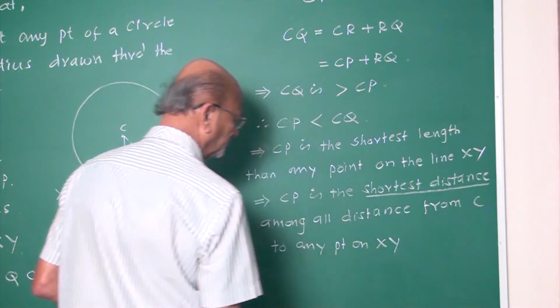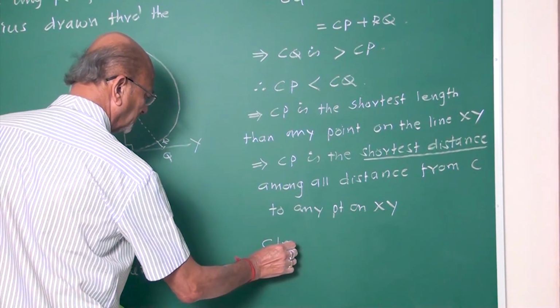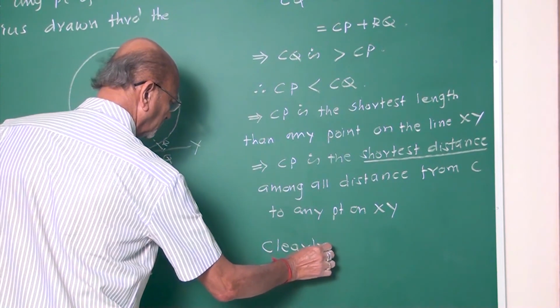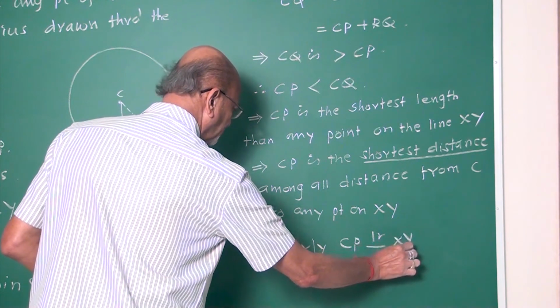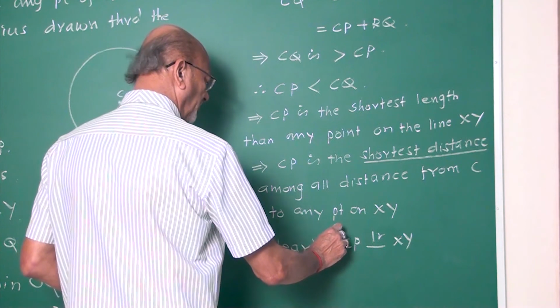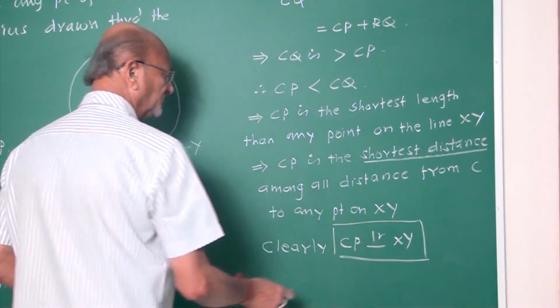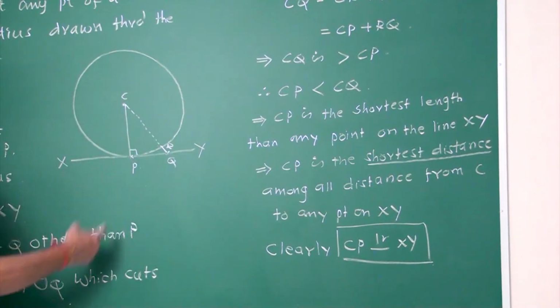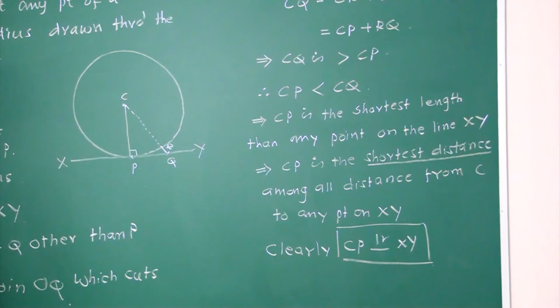This implies what, my friends? CP is perpendicular to XY. Why? This itself is the shortest. It is again a result, my friends. By the result, CP is the shortest among all the distances from C to any point on the line.